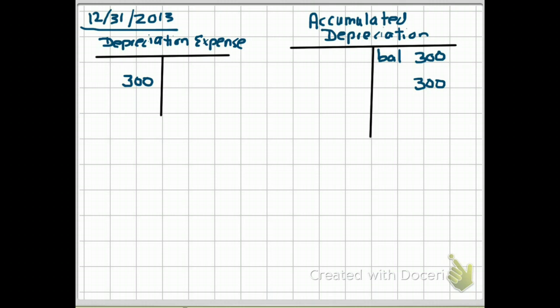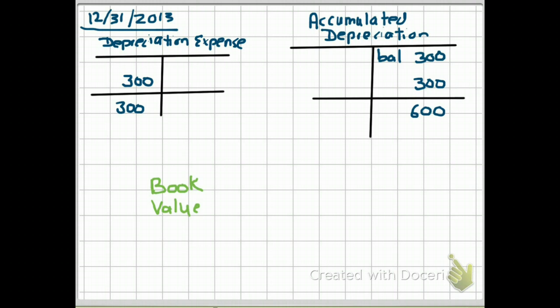Now, at the end of 2013, you have a balance of $300 for your depreciation expense and $600 for your accumulated depreciation. Now, in your balance sheet for 2013, your book value of your equipment would be equal to cost, which is 900, minus accumulated depreciation of 600, which is equal to $300.